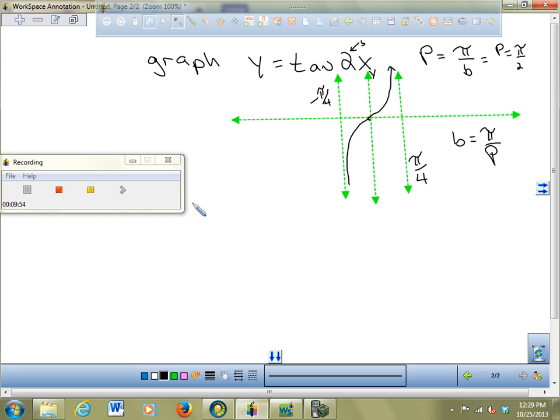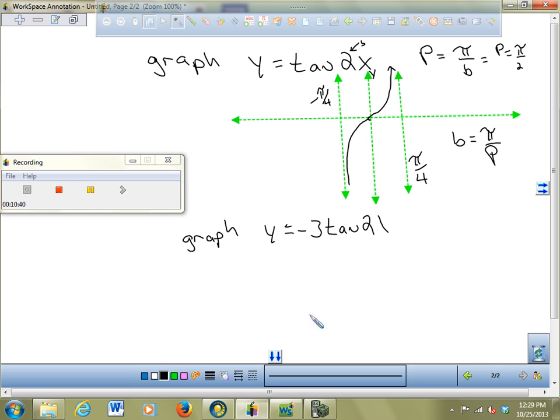All right, so what if I wanted to graph, so here we're going to get a little tricky on you. What if I wanted to graph y equals negative 3 tangent of 2x?